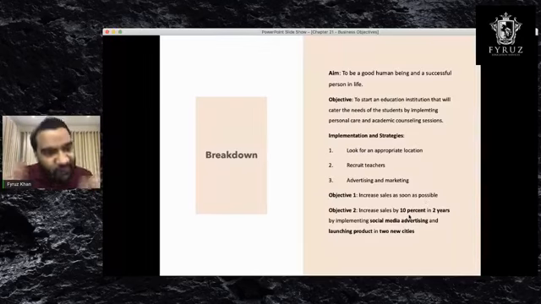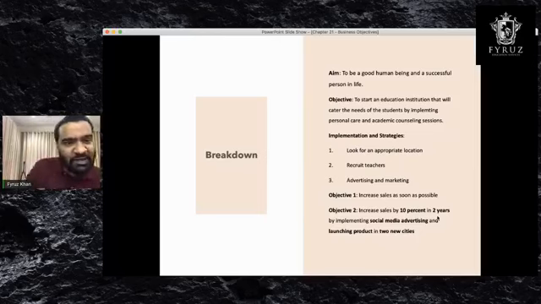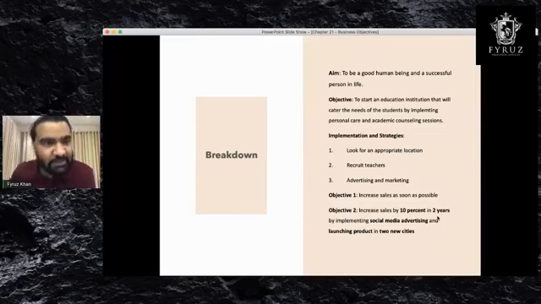Objective two follows the SMART criteria. So it is specific. It gives you certain numbers. It tells you how, when, where. It's measurable. You have numbers. If you have achieved the objective in 2 years, you can go back and say, I have achieved the objective. If you haven't, you can also go back and say, we haven't, but why? These are the mistakes.